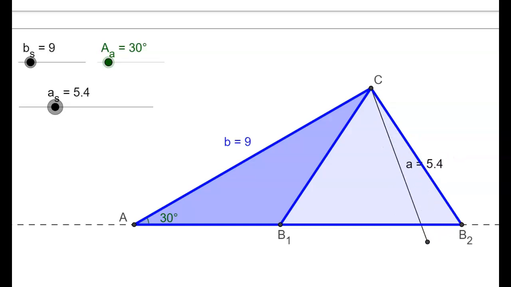But also, if we close angle C and swing this side inward, it creates a possible second triangle, triangle A, B1, C. If it just gave us the values of 30, 9, and 5.4, we would have no idea that this could form two triangles. We would have to solve for it and figure out that yes, it is two possible triangles. It's the ambiguous case. You don't know what triangle is formed.